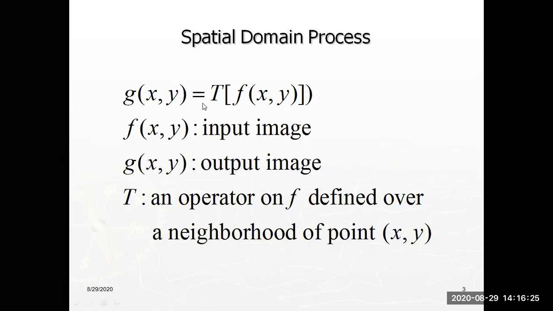But in the case of the frequency domain, the input is a small notation and the output is a big, capital letter, G of X. So in the normal spatial domain, on both the input side and output side, we use small letter notations. By knowing that, we can easily identify whether it is the spatial domain or the frequency domain.